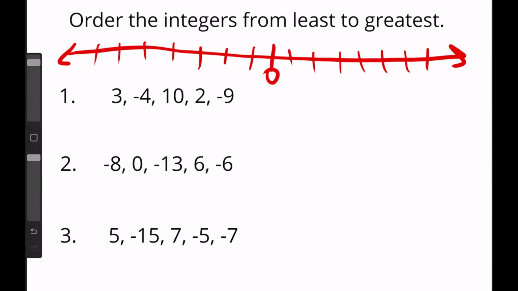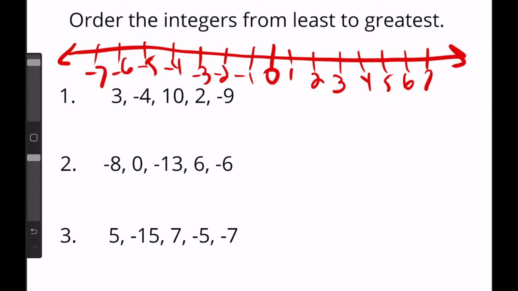We can put our numbers in. We've got 1 through 7, and negative 1 through negative 7. When we look at this, on the left here, that's the negative numbers.